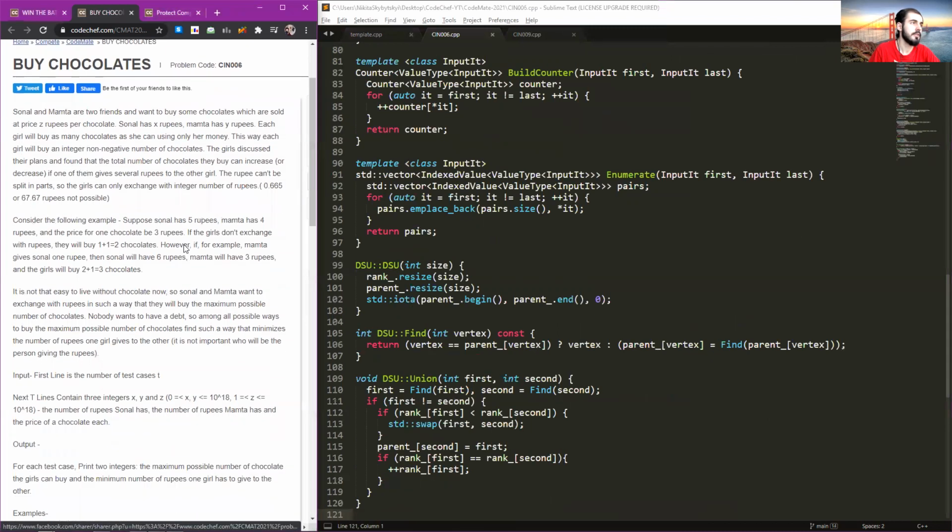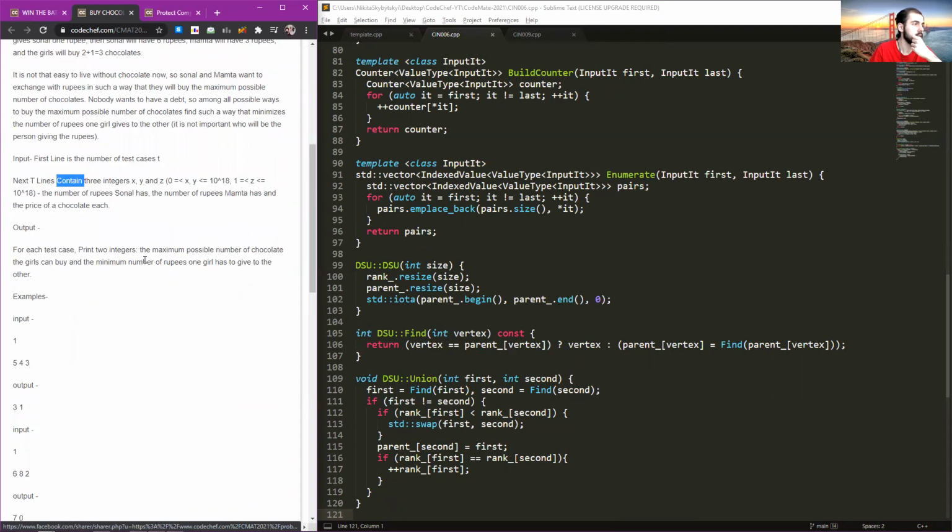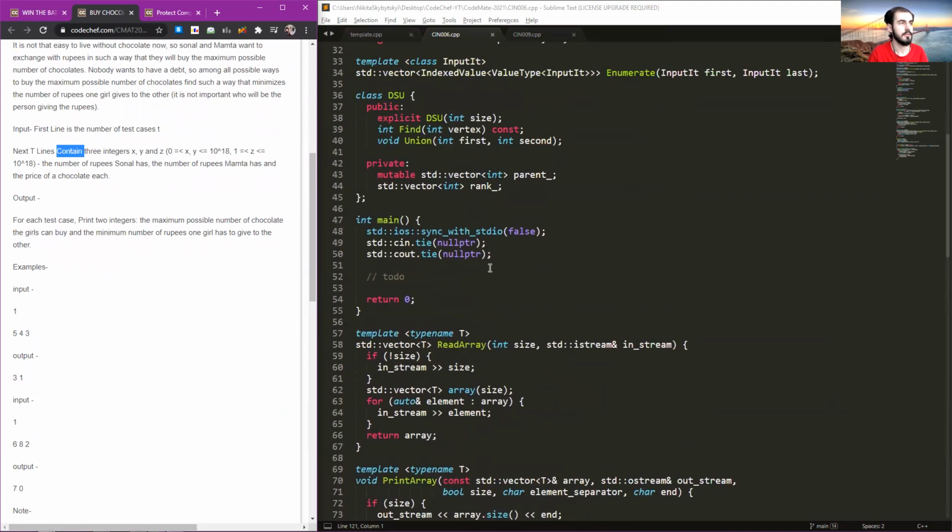We have two friends. They want to buy some chocolates, which are sold at a price of some rupees per chocolate. X, Y, each girl will buy as many chocolates as they can using only her money. Okay. So what do I want? Let's start with the input format first.